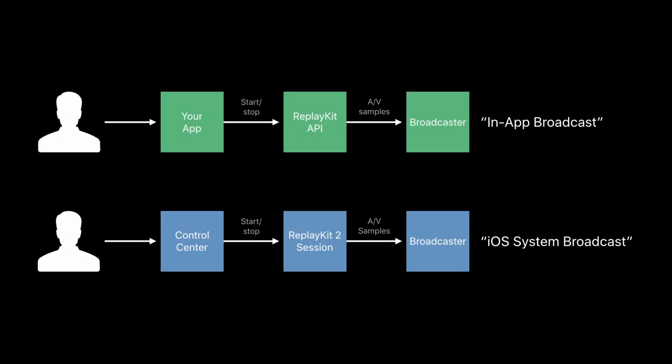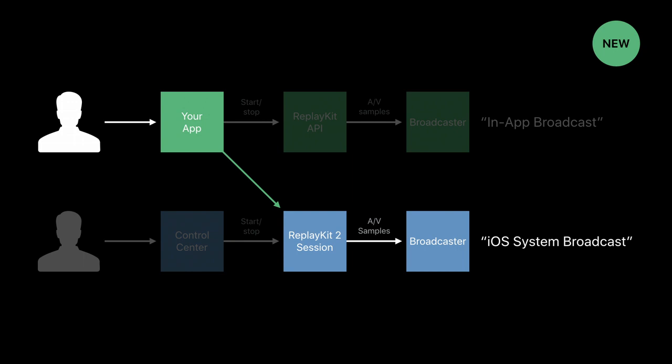So let me go back to my diagram. So what we added now is sort of a hybrid approach to these two very linear styles. And in this hybrid approach, we added the ability for your application to also be the initiator of iOS system broadcast. So your app now can do the same thing as what Control Center is doing.